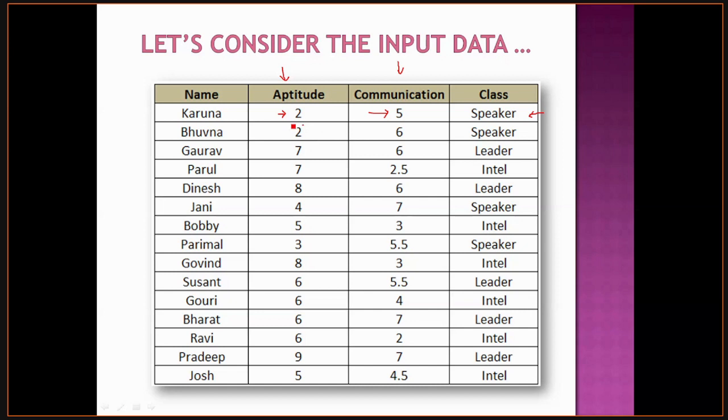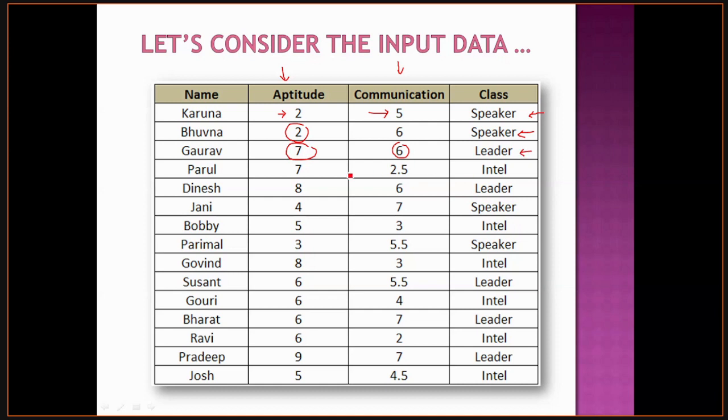Likewise, Bhuvna's aptitude level is 2 and the communication level is 6. Also belongs to the class speaker. Like this, the next one, Gaurav, has aptitude level 7 and communication level 6. Both of them a bit high, so marked as leader. The class is leader.